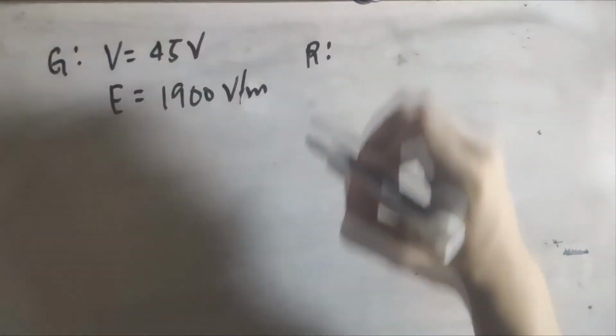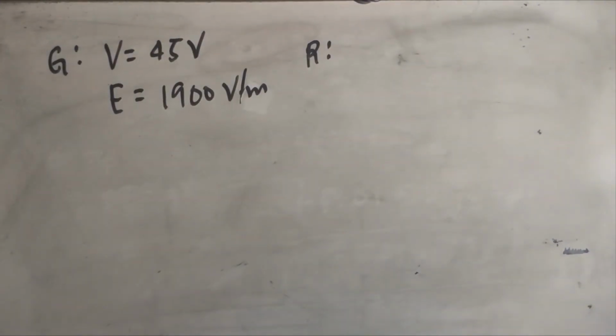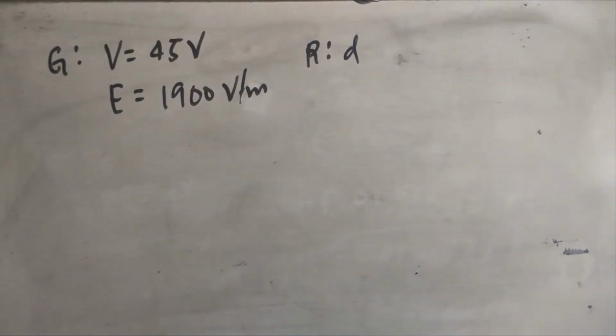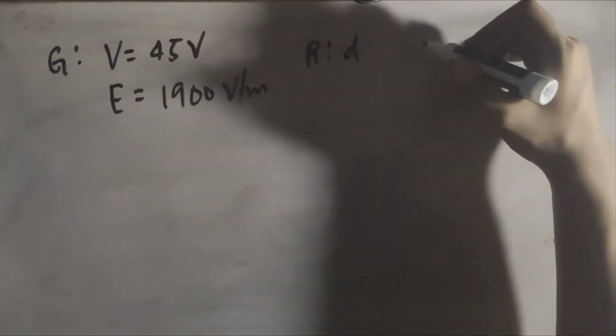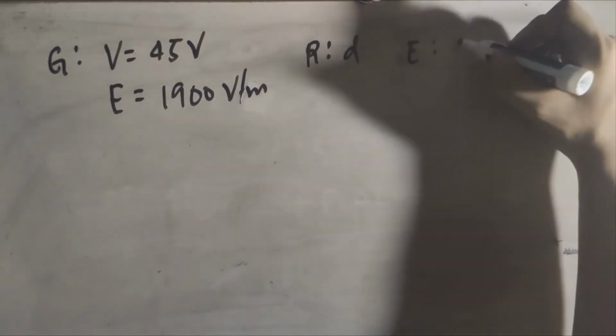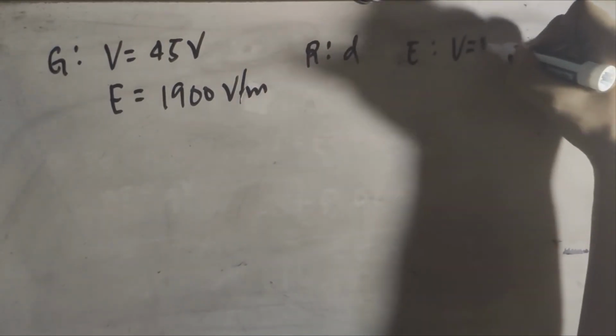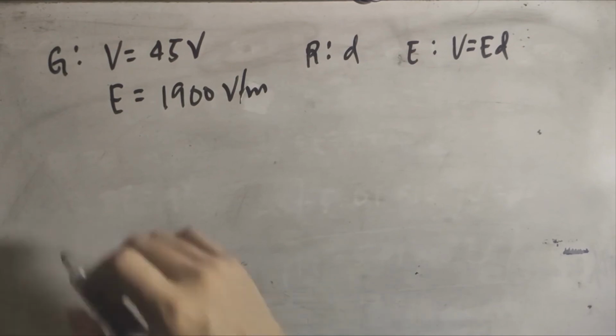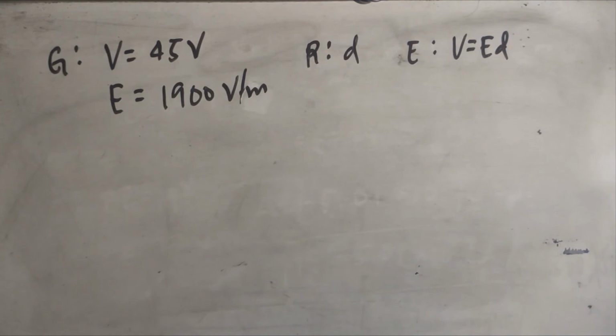What's being asked is how far apart, so that's distance. Since you can see these values, we can now say that the equation necessary is V is equal to ED. So let's solve for that.